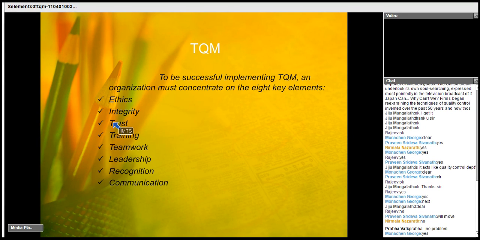If you have integrity, trust, training, teamwork, leadership, if you have all these qualities first, then automatically the company will get recognition. So first we need to have ethics, integrity, trust, training, teamwork and leadership. Only after that does recognition come.